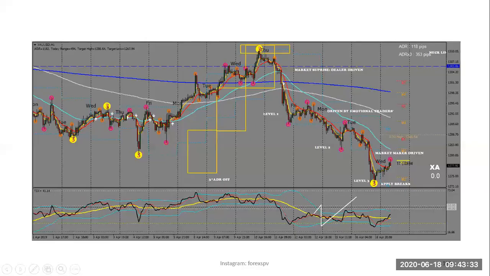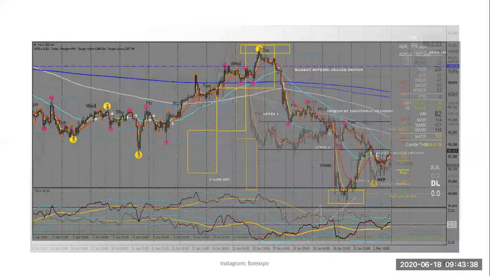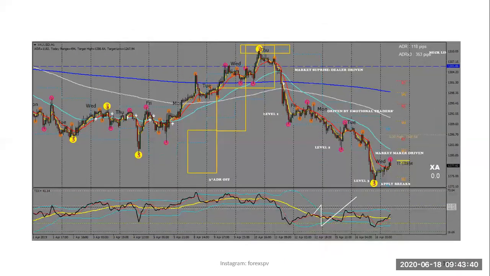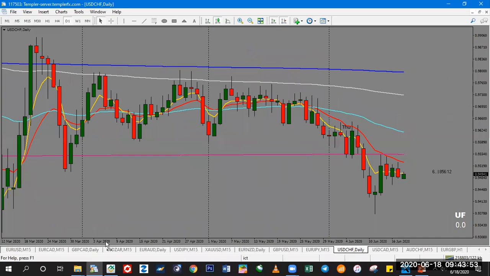And we usually look at the three levels and three times ADR as a completion of the cycle. So we know that the cycle is complete when we see three levels and three times ADR.